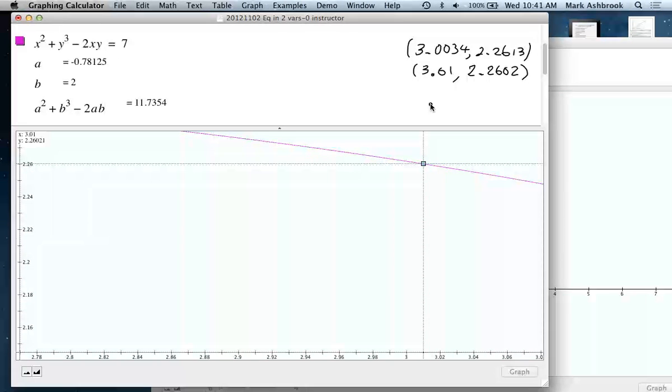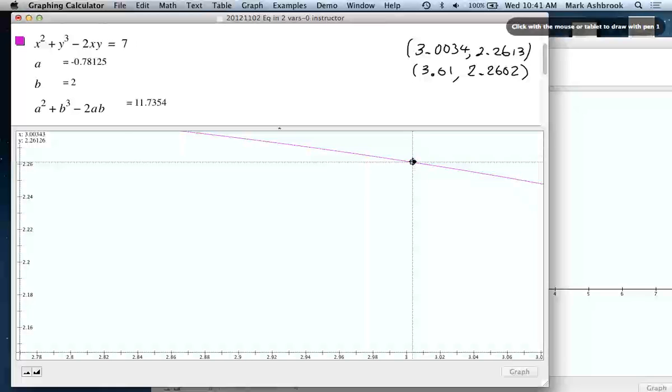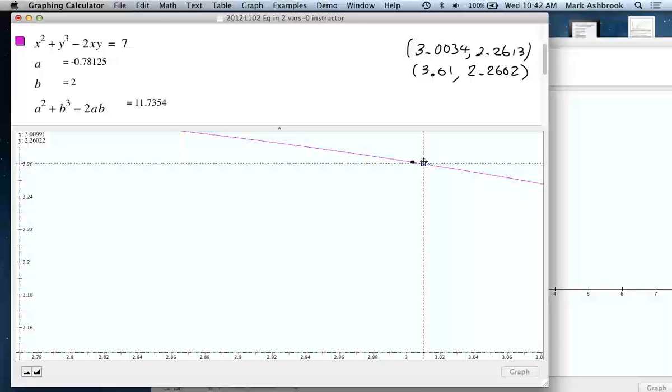Estimate the rate of change based on these 2 points. Go.